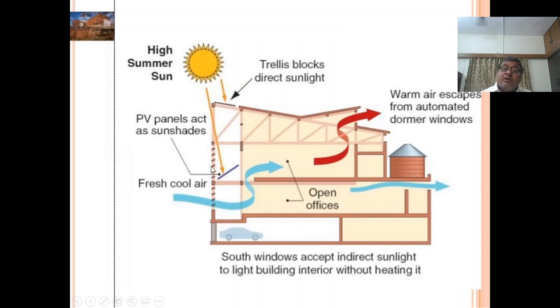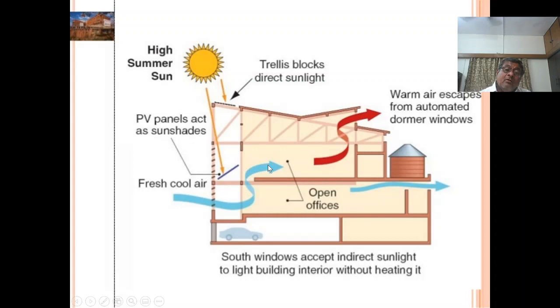This is the typical cross section of a green building. During high summer, the trellis blocks direct sunlight, and PV panels act as sunshades. These panels allow cool air to enter.